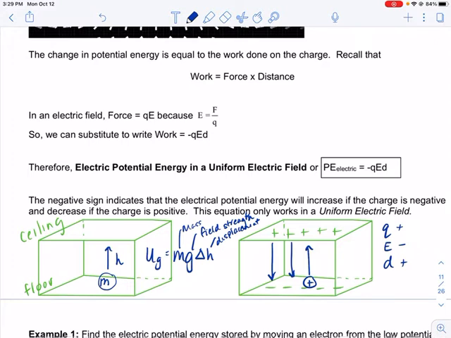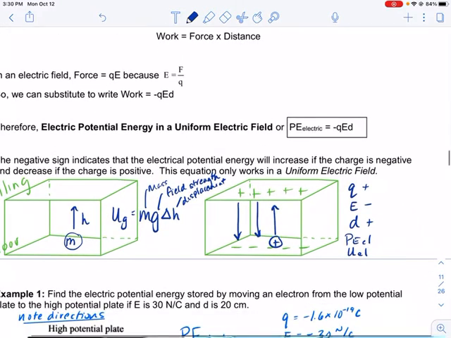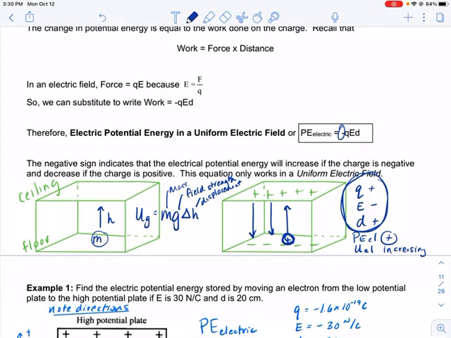But in this scenario, the potential energy, actually I should use a U, the electric potential energy is increasing if I am to lift this charge up. And that means that it's a positive value. And so in order to get a positive value when I plug in these numbers, I need that negative in the formula.